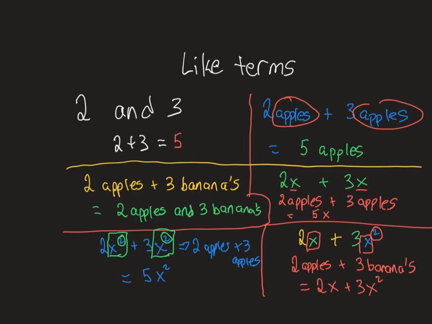So let's see how this works in a full example, all right? Let's say I had 3x, and inside here I have x squared plus x plus 3, and I told you to simplify this. Well, let's apply what we looked at before.